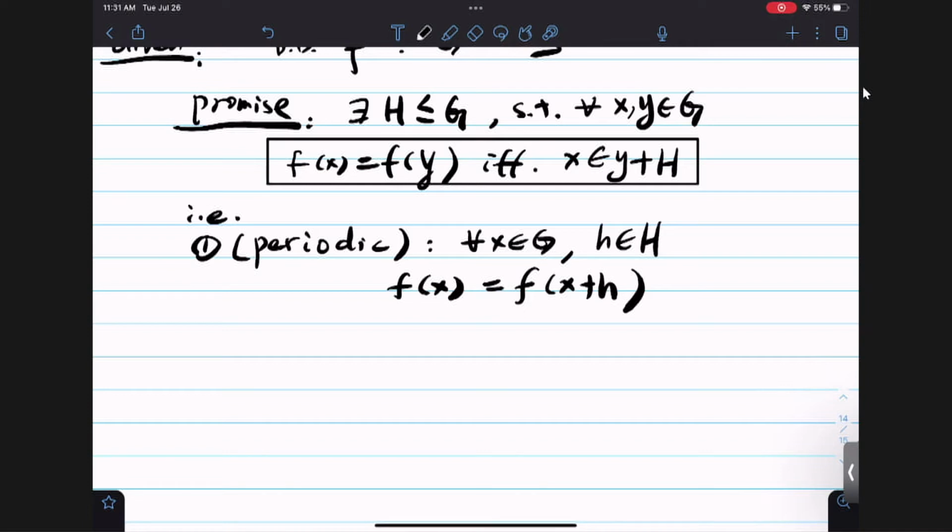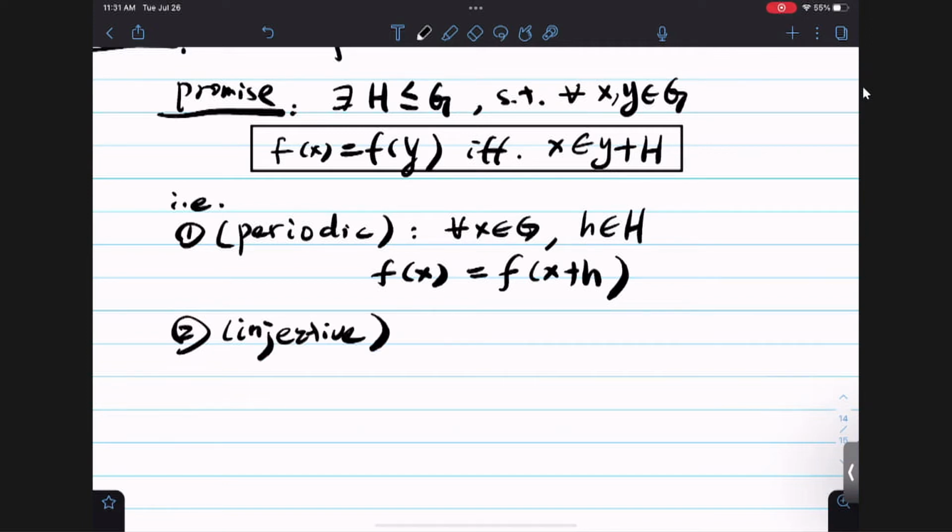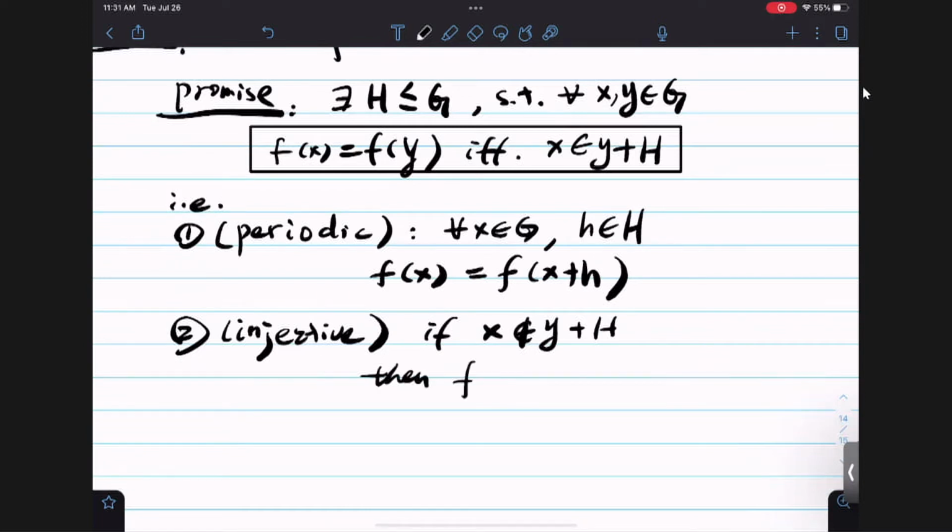Okay, this is what I mean by periodic. And the other condition is it's injective across different cosets. That means if x and y are not in the same coset, then they have distinct function values.